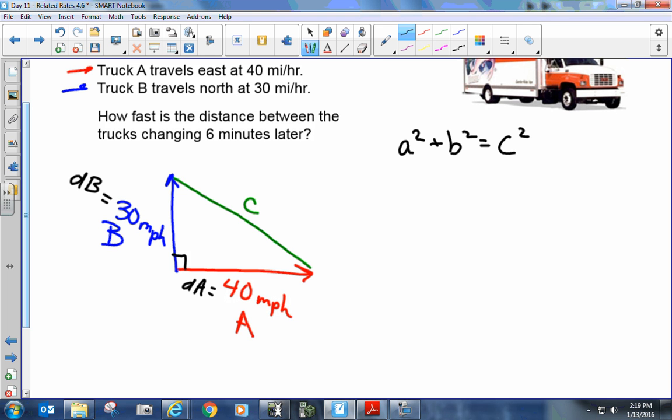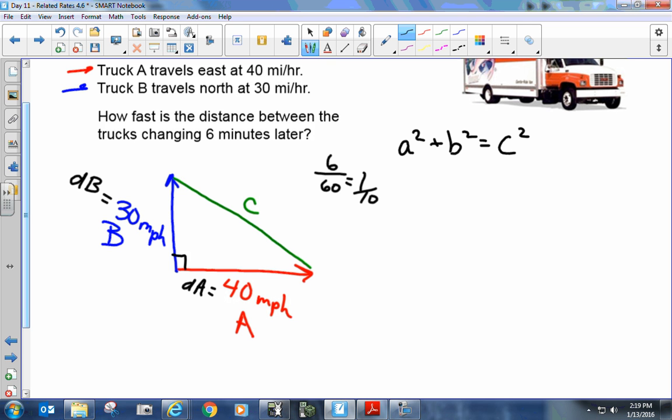But here's a question. How can I figure out those sides, actual distance, at 6 minutes? Yes. 6 minutes. Are there 60 in an hour? So isn't that 1/10 of an hour? So it's driving 40 miles an hour. What's 1/10 of 40?